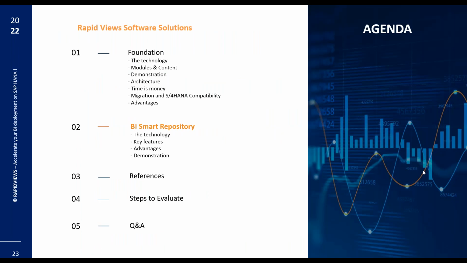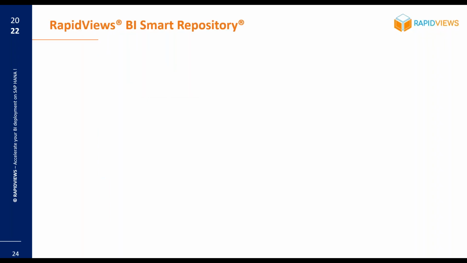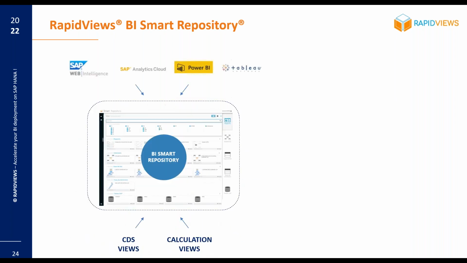So let's move on to see how, for example, the BI Smart Repository can help to develop your 30% of specific needs. Or how BI Smart Repository can help customers to understand the BI development, the content of the Rapidviews Foundation, our own HANA content. Exactly. So as we can see here, the BI Smart Repository is a cloud application.